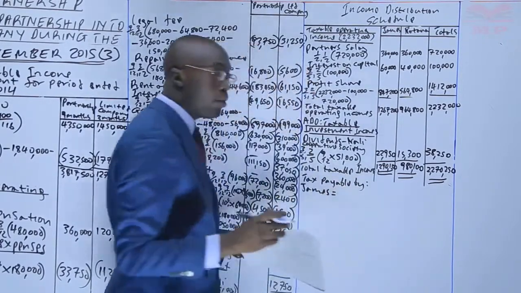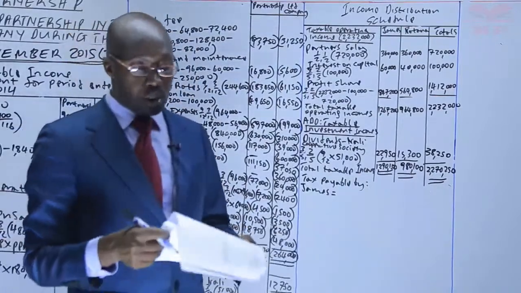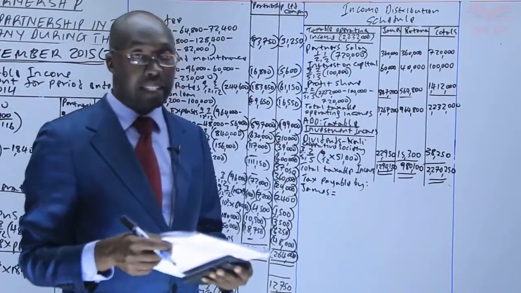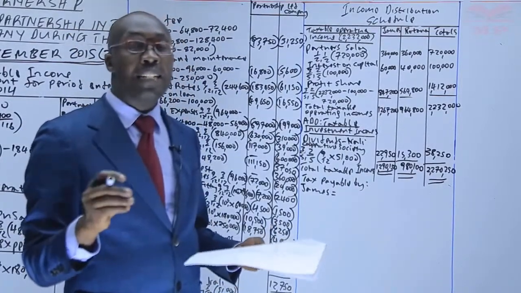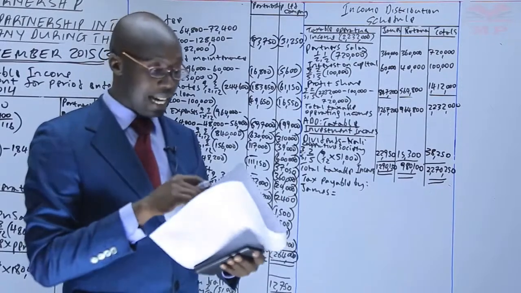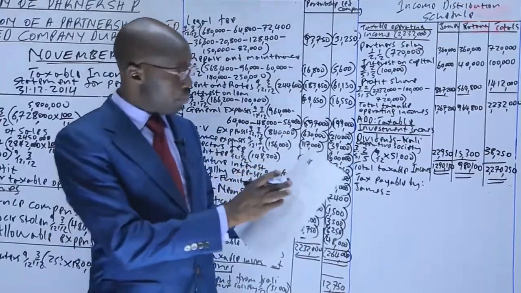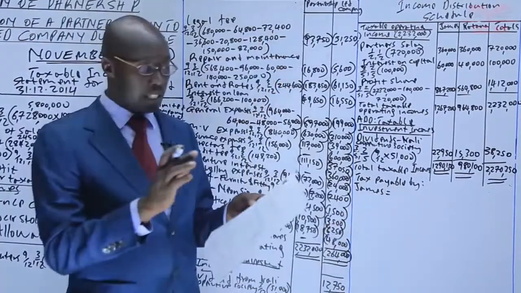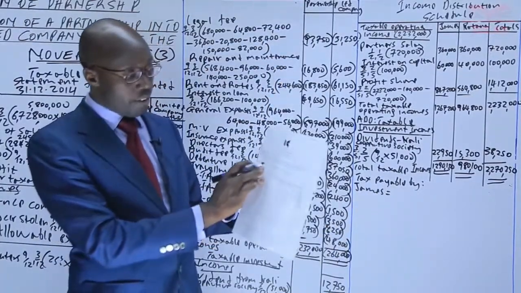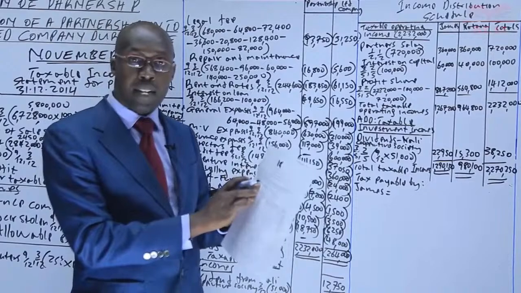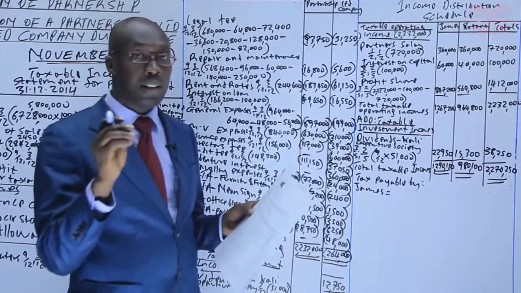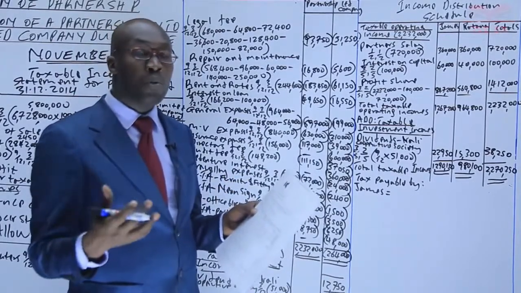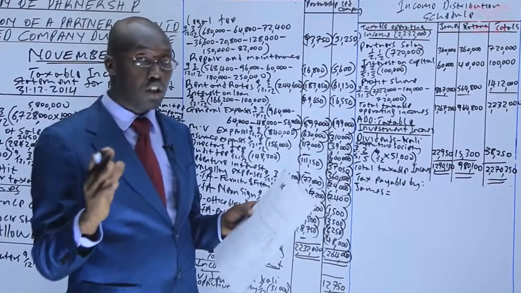Now, we said we normally tax partners using the graduated scale rates, and this is usually provided in the tax table to compute the tax payable by James, an individual. We are supposed to use the tax table provided in the question paper. This is usually provided in an exam, the first page of your question paper.